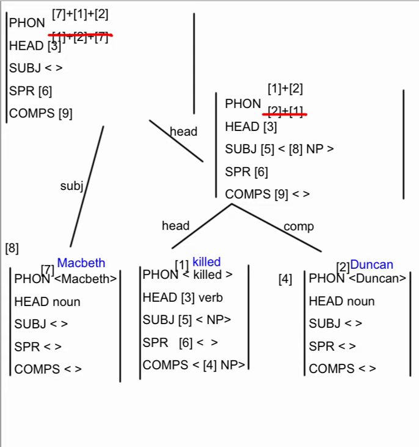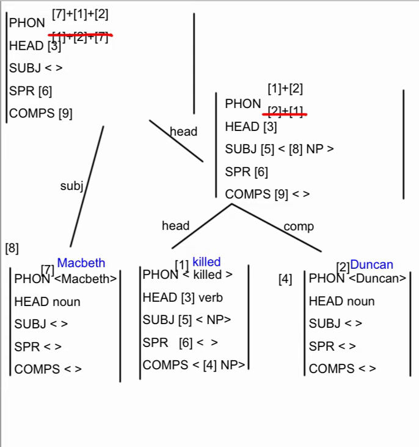As you can see, we have derived all the properties of the overall sentence from the interaction of the lexical specifications of the words occurring in the sentence and the general principles of grammar. In our case, we had the phonology principle, the head feature principle, and then two constraints on individual combinations, namely on head-subject combinations and on head complement combinations.